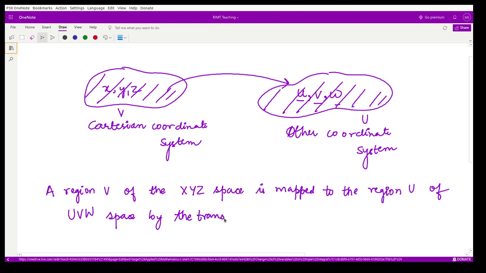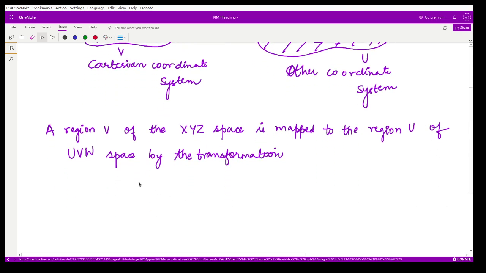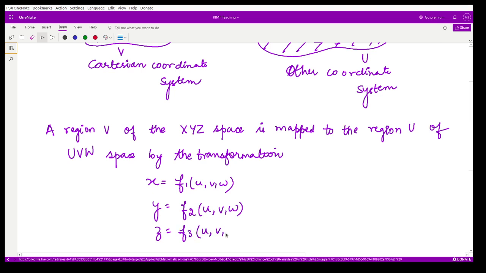You apply some transformation so that one coordinate system is converted to another. Suppose those transformations are given by x is some function of u, v, w, y is some other function of u, v, w, and z is some other function of u, v, w.